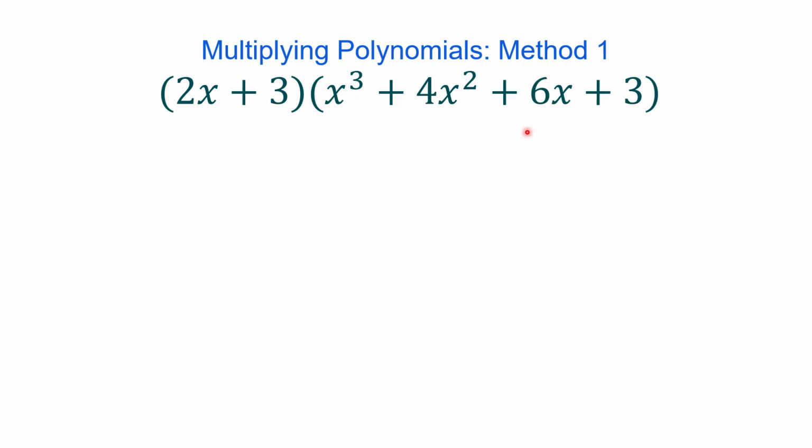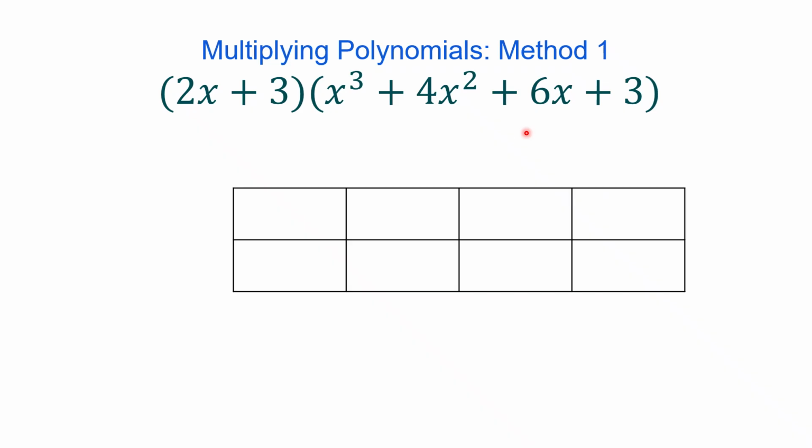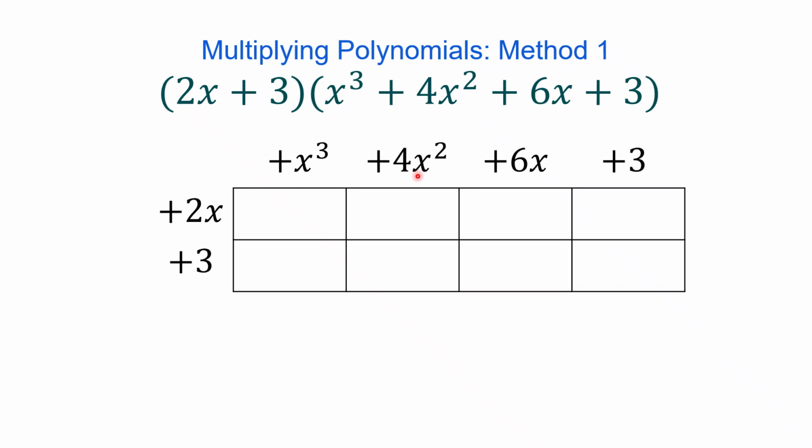So we're going to do it one way, and the first way I'm going to show you is with the boxes. So here comes our boxes. As you can see, this is a box that is 4 by 2. 4 because the longest polynomial has 4 terms, and they are x to the third plus 4x squared plus 6x plus 3.